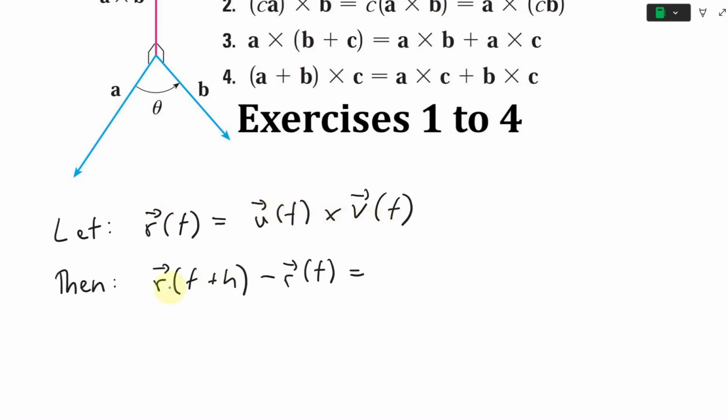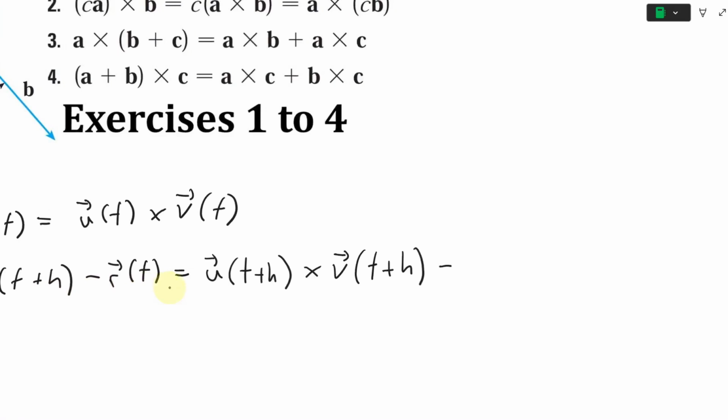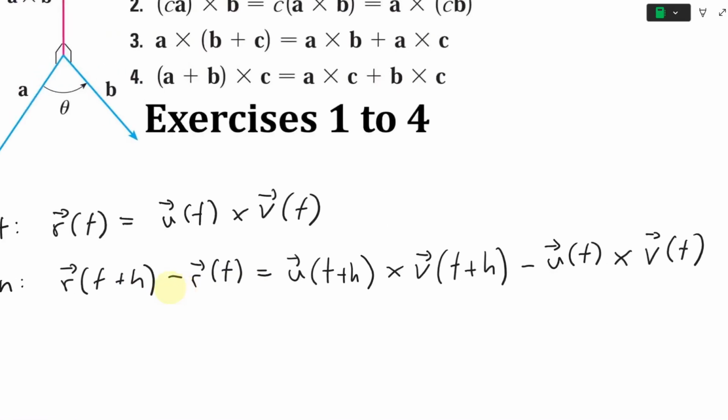So this equals u of t plus h cross v of t plus h, and then minus the same exact setup there, but with the t: u of t cross v of t. Like that.